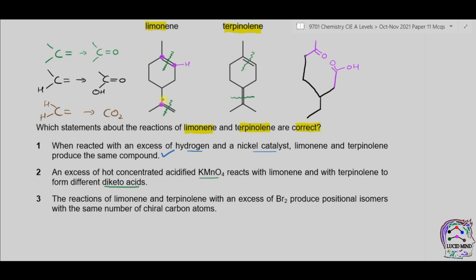Now this double bonded carbon is attached to two alkyl groups, so therefore it will also make a ketone. And this carbon is attached to two hydrogens, so it will make CO2. Now doing the same for the second one, this will form ketone, this will form carboxylic acid.